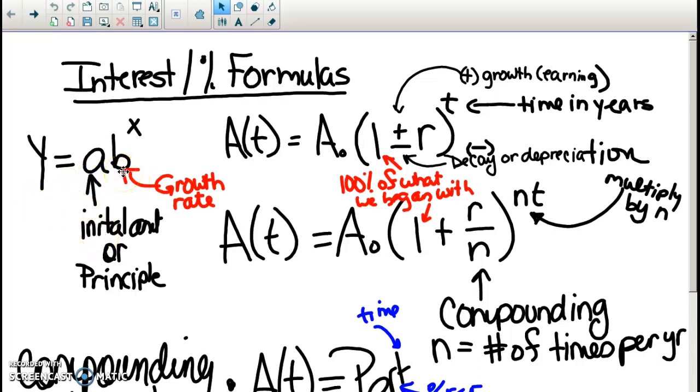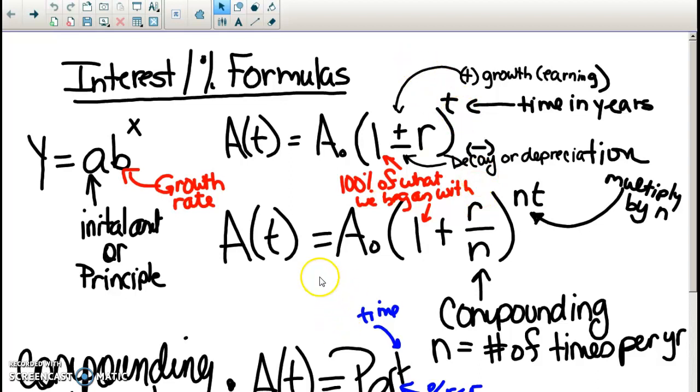If you have a growth rate that is like 2 or 3 or 1/2, and your exponent, which would be your time. Now, here's when we moved into percents, where we said, okay, here's the initial amount or the principal, and it's 1 plus or minus the rate, whether we are growing, earning, or decaying, depreciating over time in years.